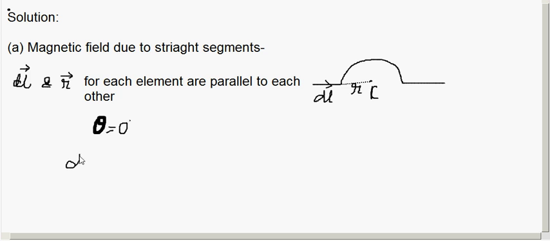Or I can say the cross product dl cross r is 0, because theta is 0, sin theta is 0.